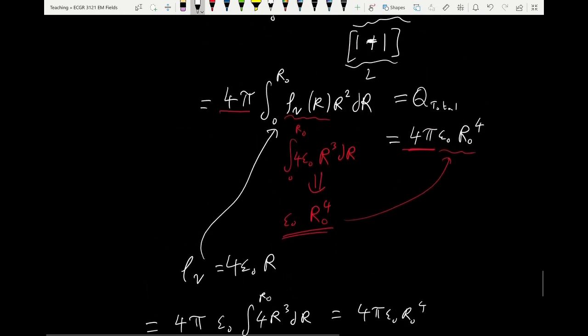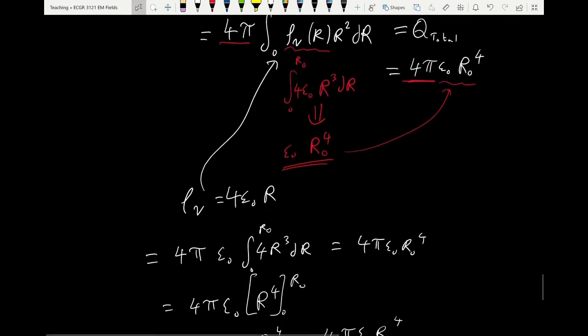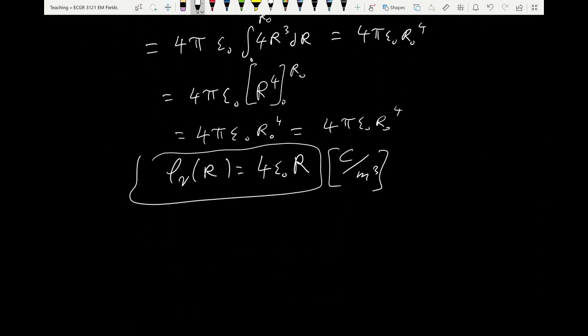Okay, let's do now the second method, method 2, which is just simply using the divergence. It's very straightforward. The divergence of E, postulate 1, equals rho v over epsilon naught.